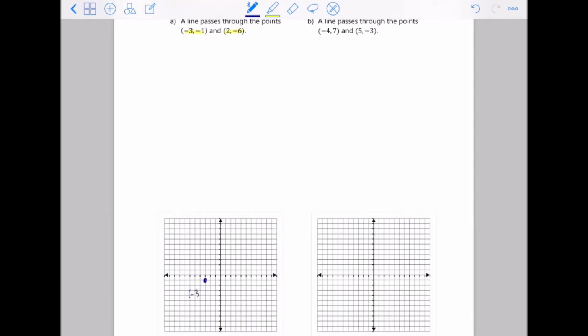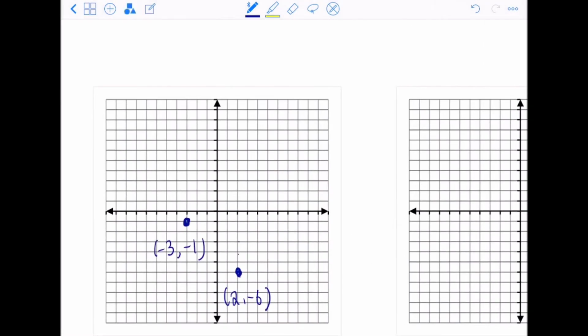Whereas 2 and negative 6: 1, 2, 3, 4, 5, 6 right here. So we have 2 and negative 6. Let's connect these points, and we have this so far.